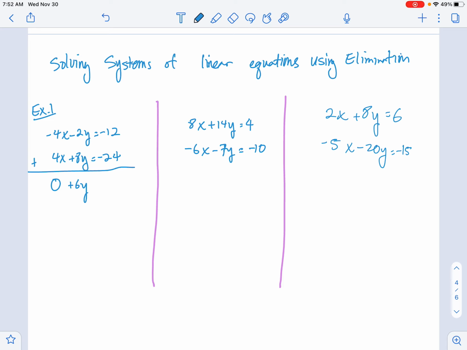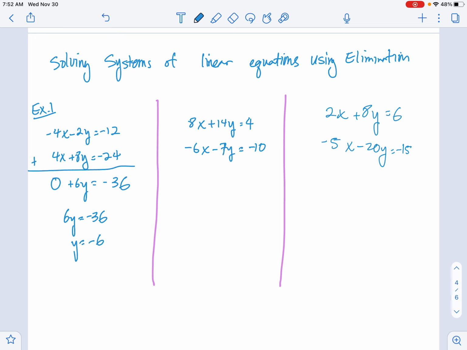And we're just going to add the rest of this, so equals negative 12 plus a negative 24. So you're adding 2 negatives, so that would give you a negative 36. So if you notice, by adding these 2 equations together, I was able to eliminate that x value. Okay, and now I just have y. So 6y equals negative 36. I can solve that. Y equals negative 6.